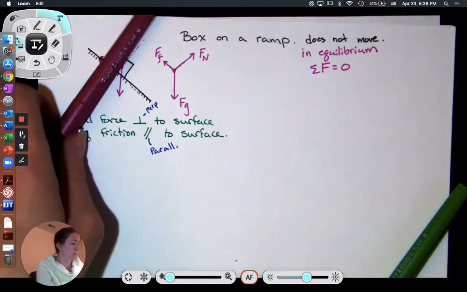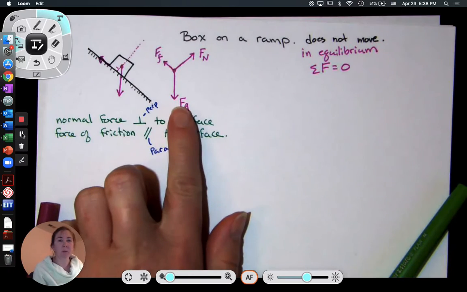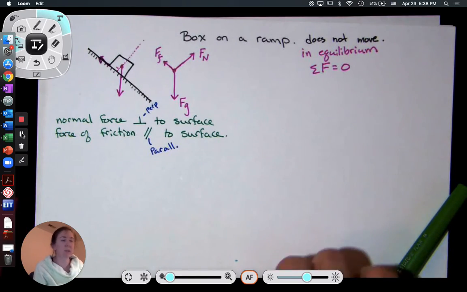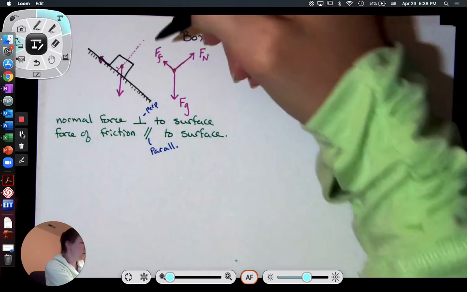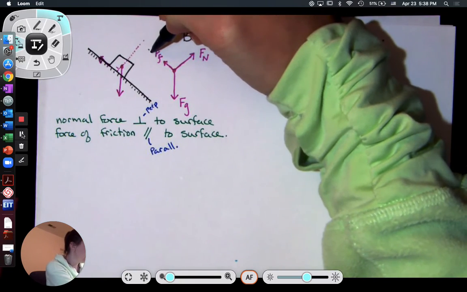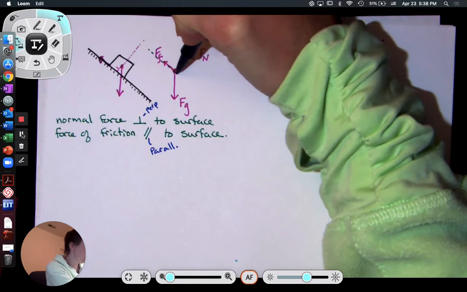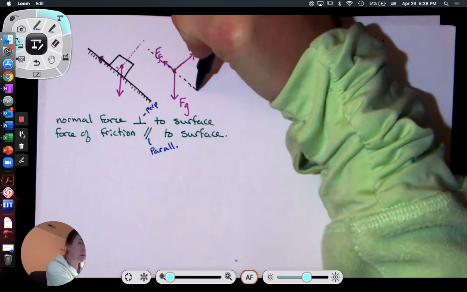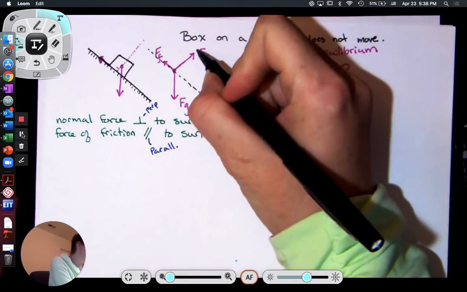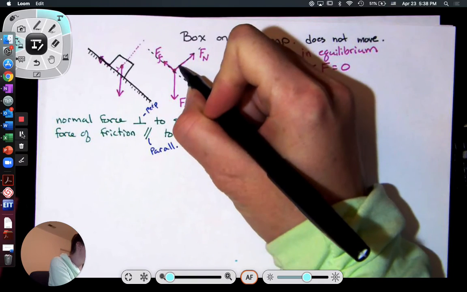So I'm going to come in here to my free body diagram, and I hope you guys are doing this along with me, taking some notes. I'm going to sketch in this axis and this axis.